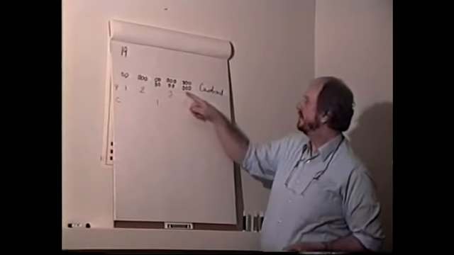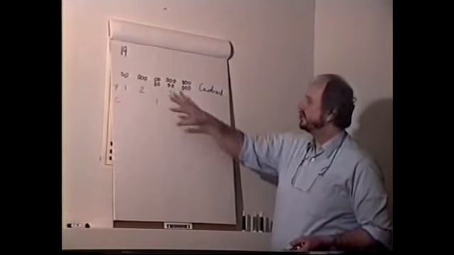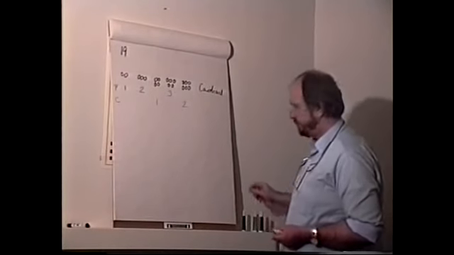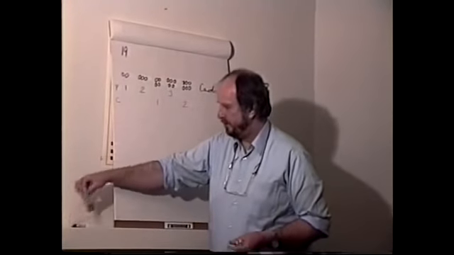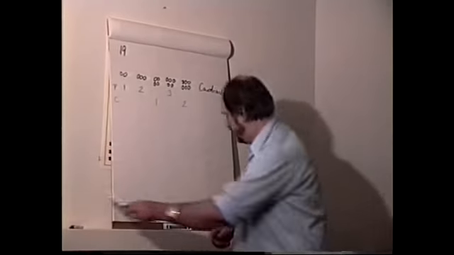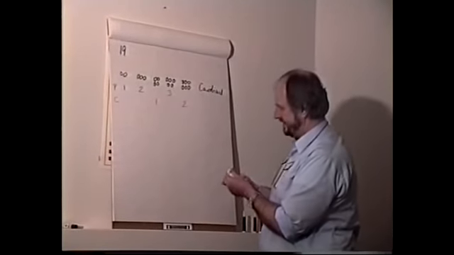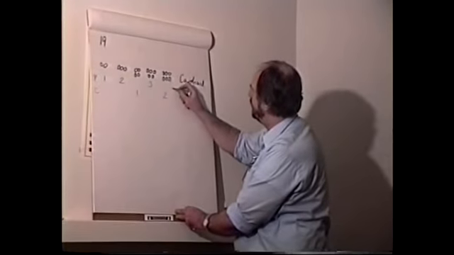Now here, because here we express order, this aspect of the number is ordinal. Because it comes from expressing order.